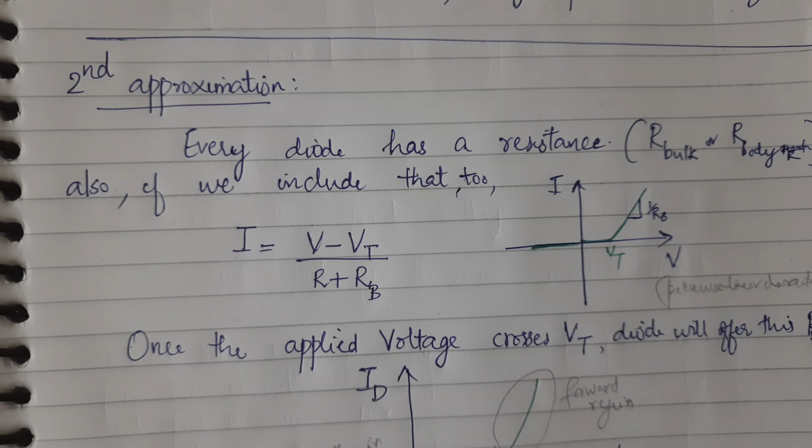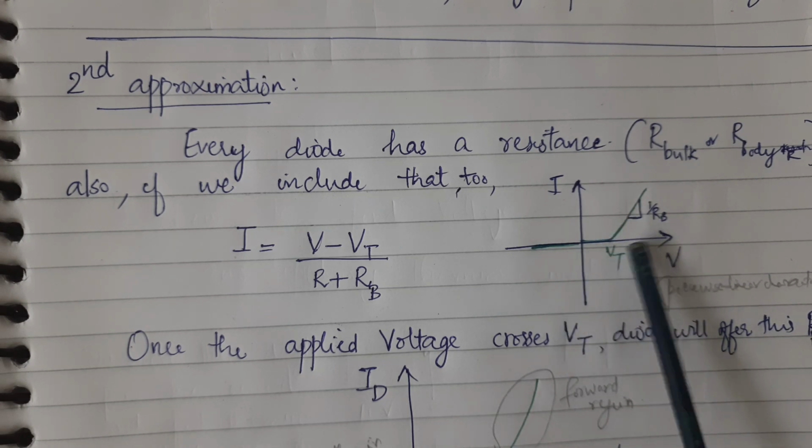In that case, the current will be the applied voltage minus the threshold voltage, divided by the resistance already in the circuit plus the resistance offered by the diode, that is the bulk resistance or body resistance.